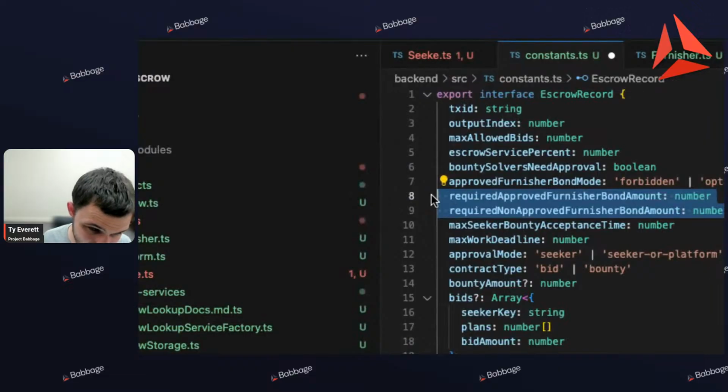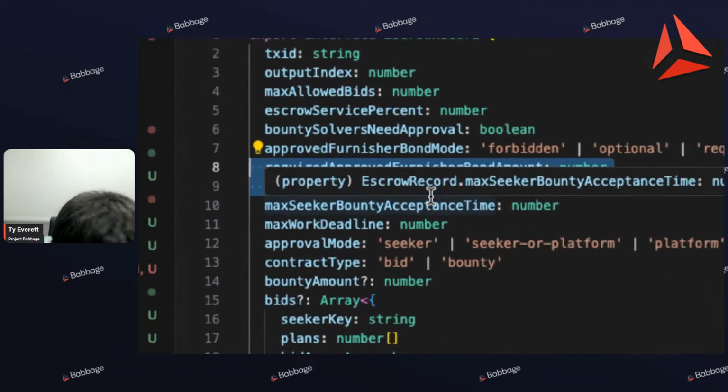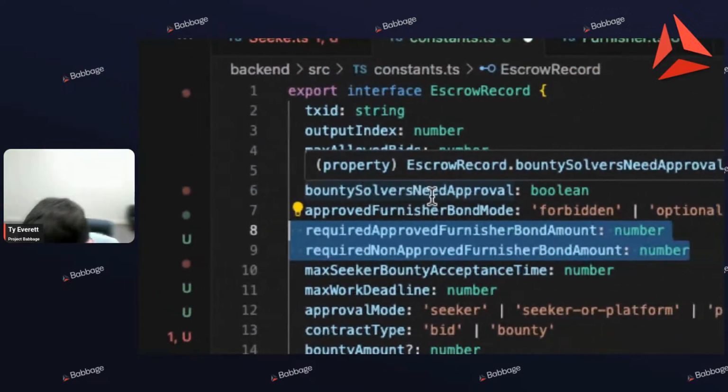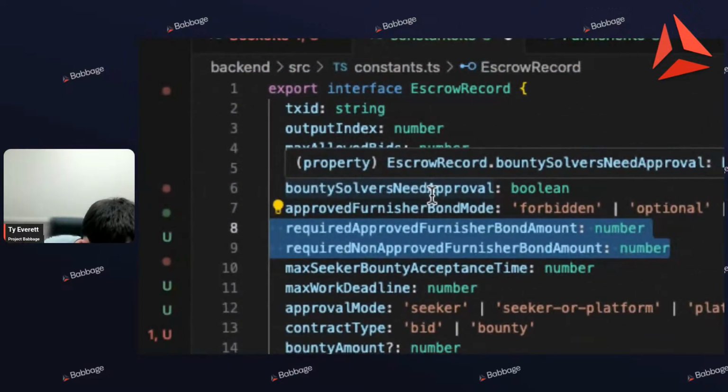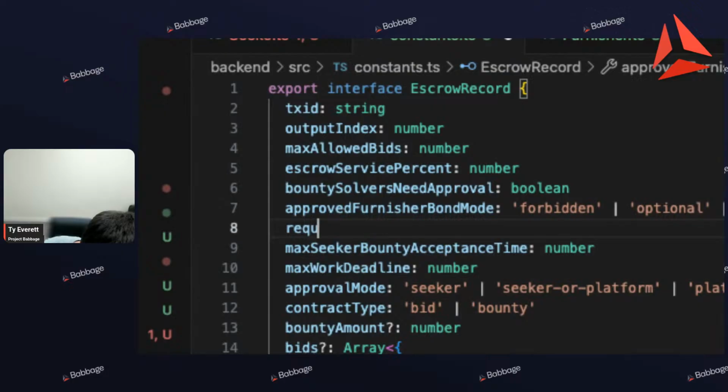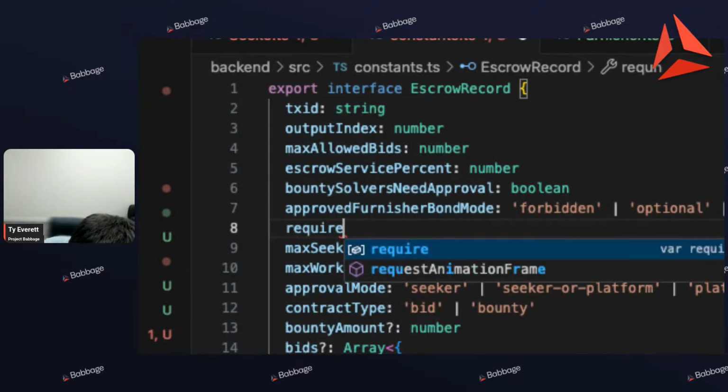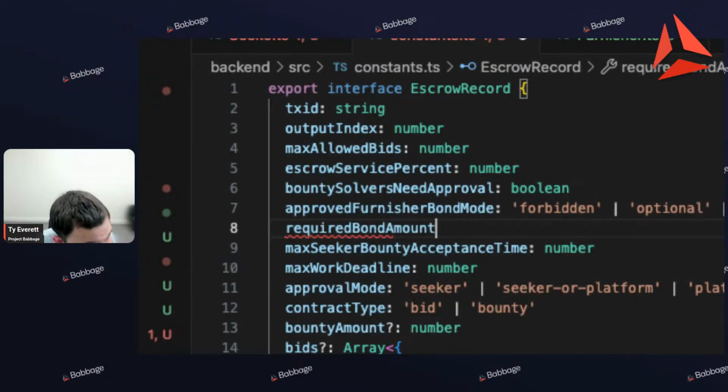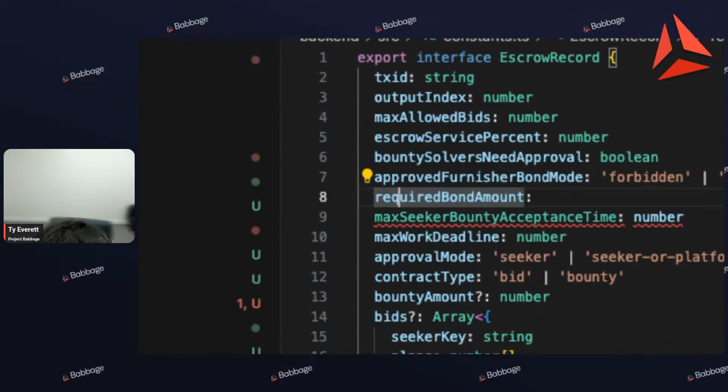No, the bond is added to the contract, so we don't need this. This can just be bond amount or required bond amount, right? And it can be optional. Required furnisher bond.